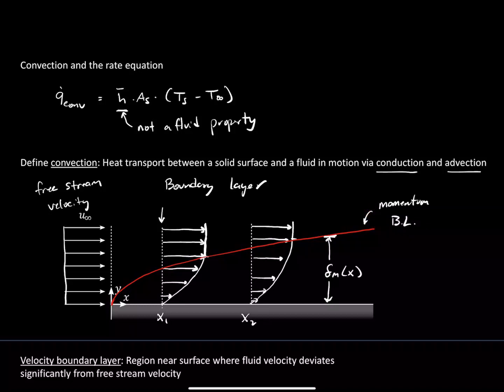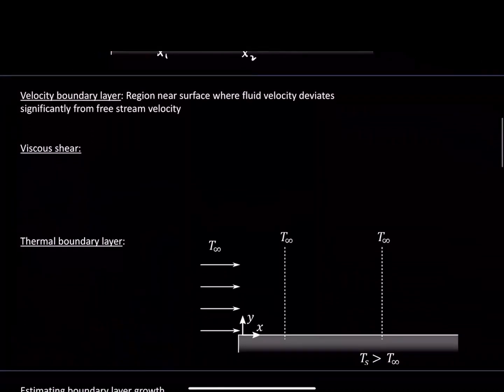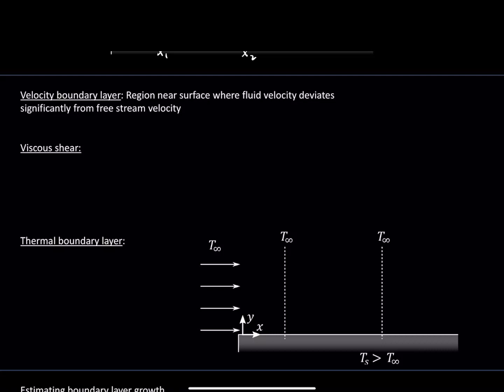So we've talked about the velocity boundary layer. Let's also talk about what it means mathematically. The velocity boundary layer is this region near the surface where the fluid velocity deviates significantly from the free stream velocity. There's a few things to unpack there. Let's say we've got some velocity profile, u as a function of y.